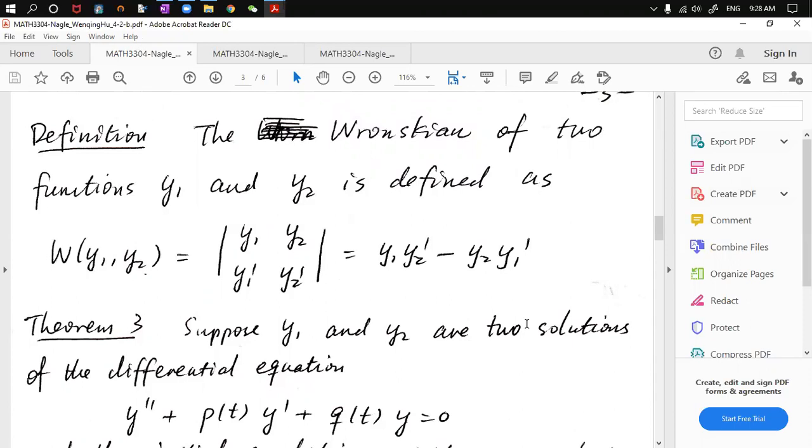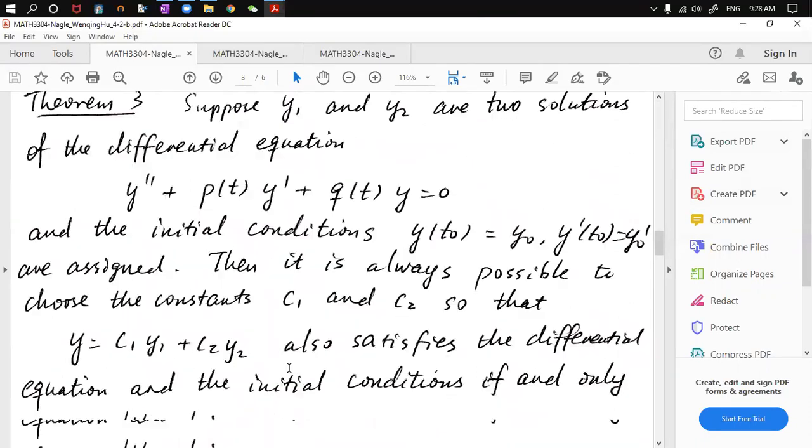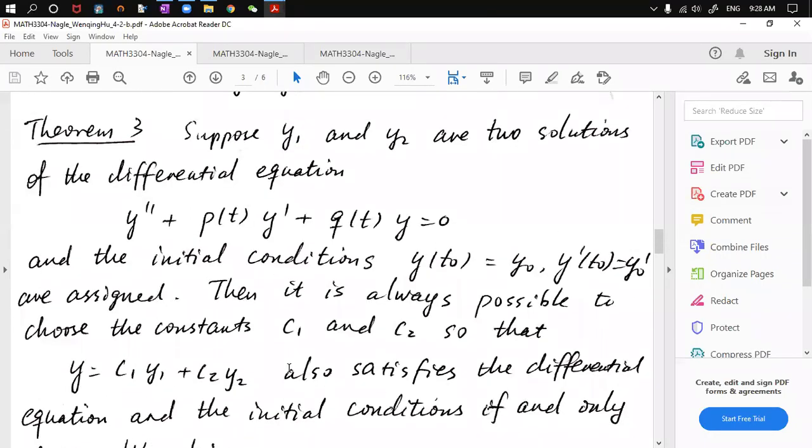Now let me formulate the whole thing that I've been talking about into a theory. The theory says that suppose y1, y2 are two solutions of this differential equation, y double prime plus p(t) y prime plus q(t) y equals 0, with initial conditions y(t0) = y0, y'(t0) = y0 prime.